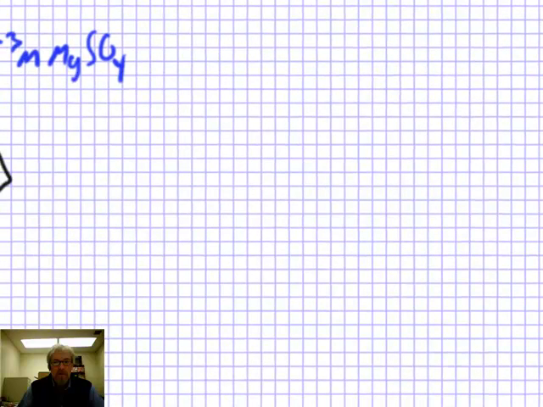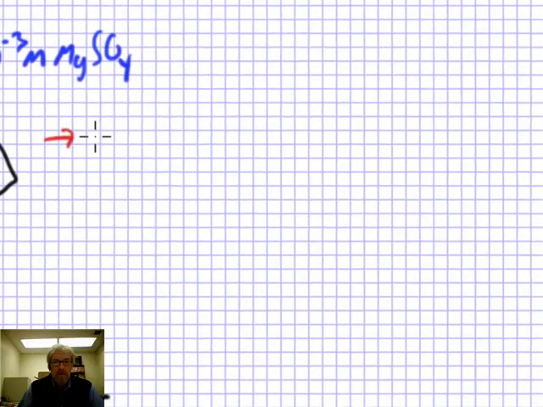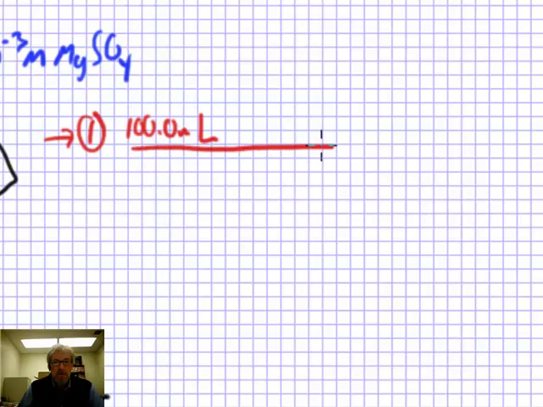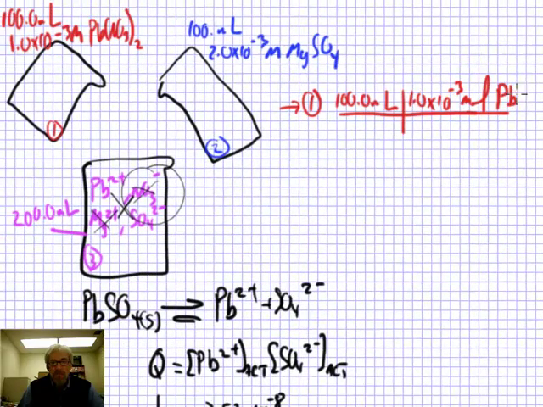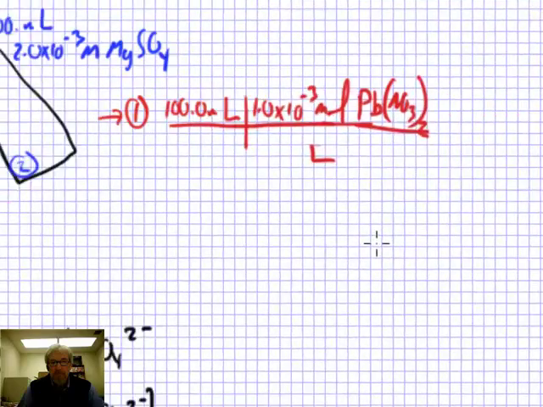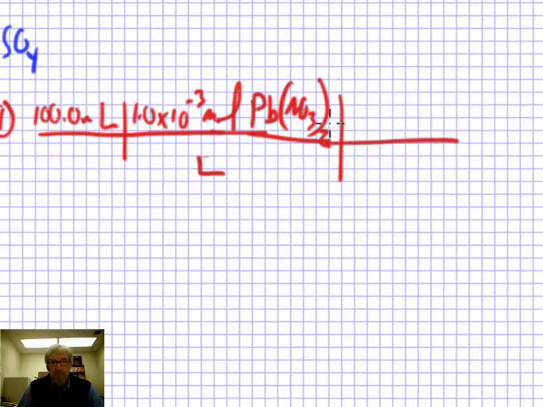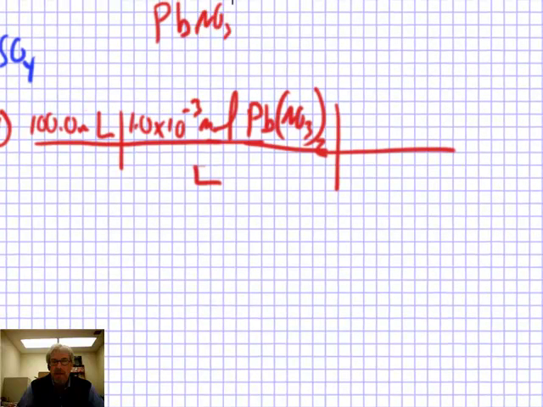Well, from beaker number 1, we get this, 100.0 milliliters times the concentration, 1.0 times 10 to the negative third moles of Pb(NO3)2 per liter. And then what we're interested in is the lead 2 concentration. And if you think about what happens in that beaker, it's Pb(NO3)2 completely dissociating, because nitrate salts are soluble, to Pb2+ and 2 NO3-.